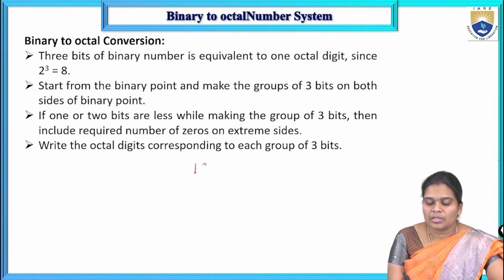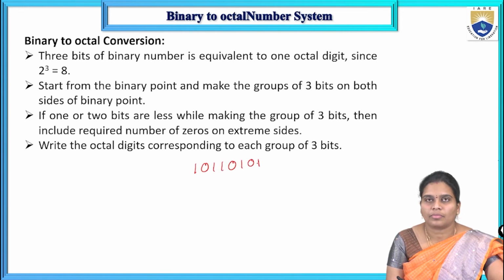Means 10110101 is there. Now I want to divide this binary value into 3 bits, from right to left. First we separate these 3 bits, again we separate the next 3 bits.